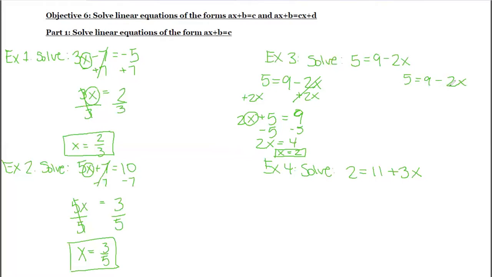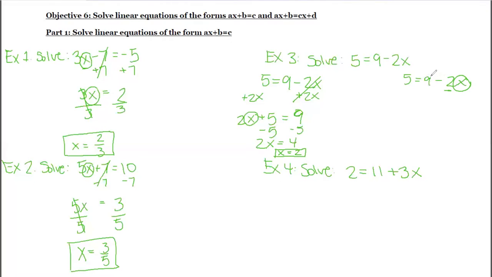So let's explore the option of if we don't do that. This is our original problem, and we're going to leave this over here. So we want to get the x by itself. That means we can't mess with this 2 yet. So let's look at the 9. The 9 is positive, and we know it's positive because it does not have a negative sign in front of it.